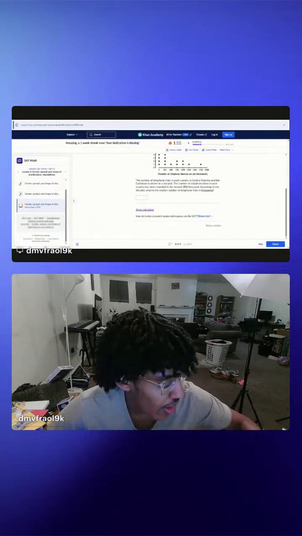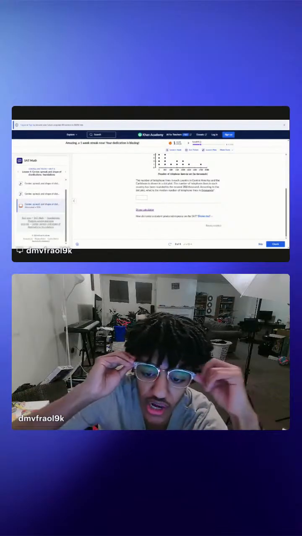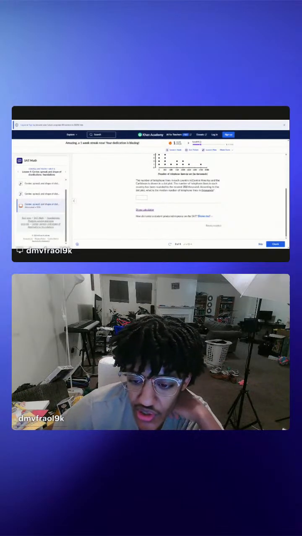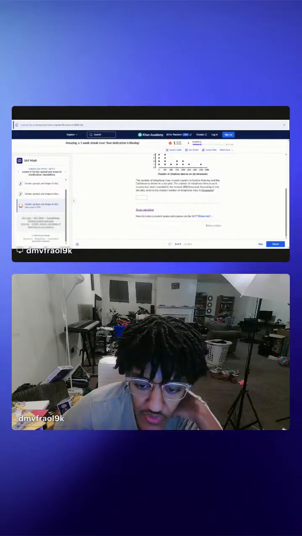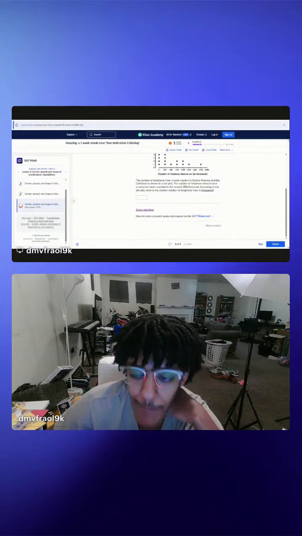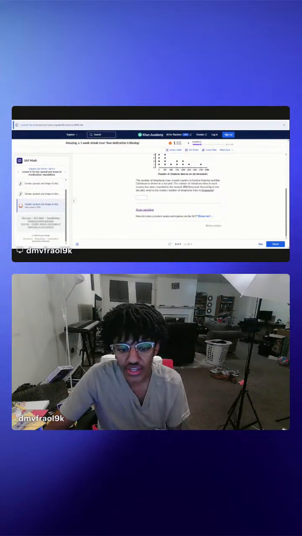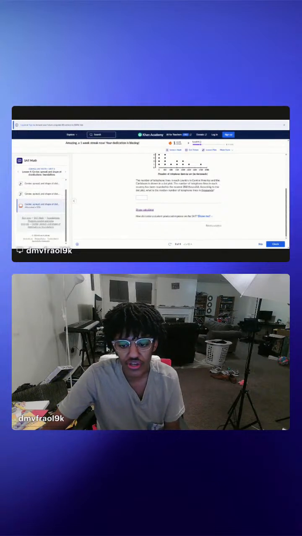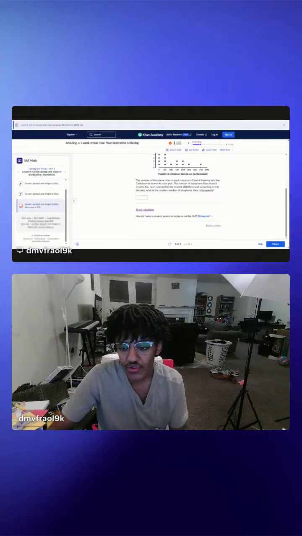The number of telephone lines in each country in Central America and the Caribbean is shown in a dot plot. The number of telephone lines in each country has been rounded to the nearest 250,000.